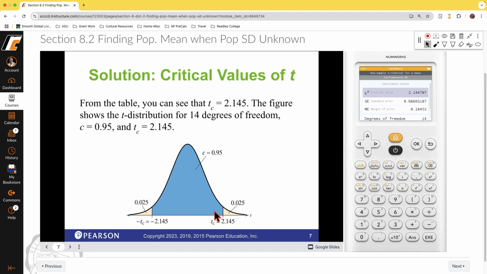Basically we end up using it the same as we did with the z-interval. There's a 95% confidence interval, and that leaves 2.5% on each of the tails, and there's our critical value.